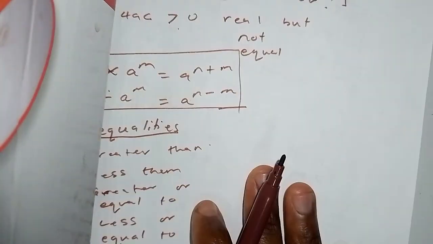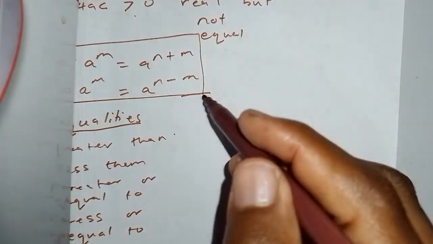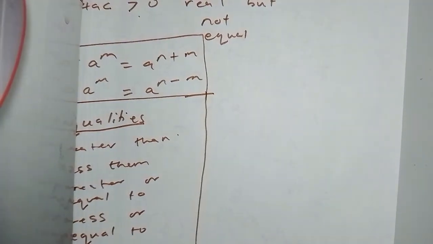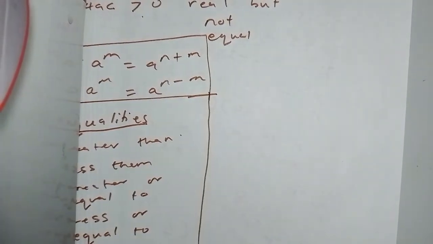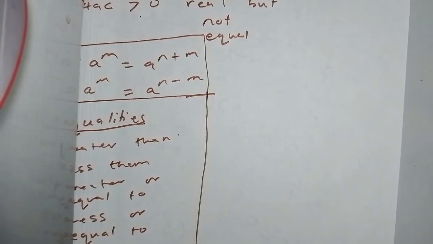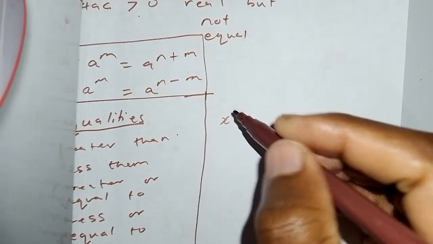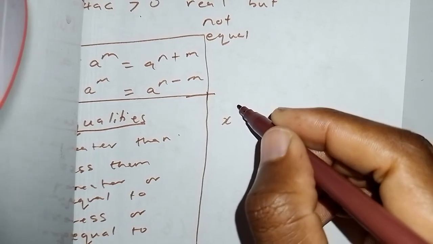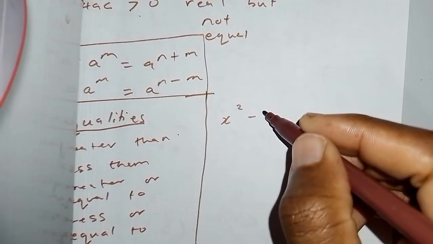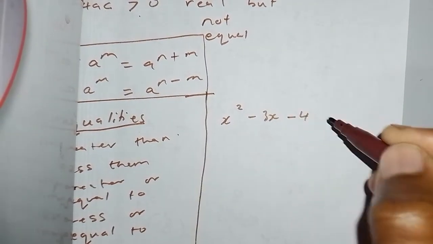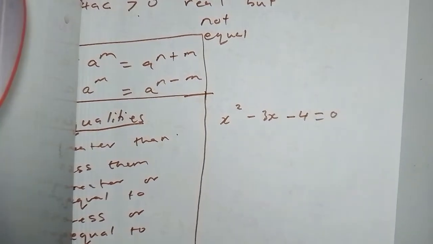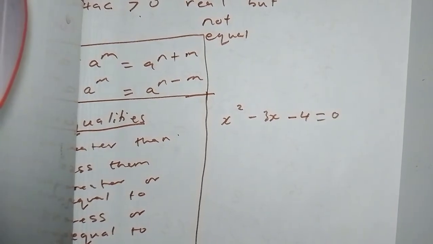Right? And then what am I going to have? A simple question just to apply one of the rules. I have x squared minus 3x minus 4 equals 0. They say, solve for x.